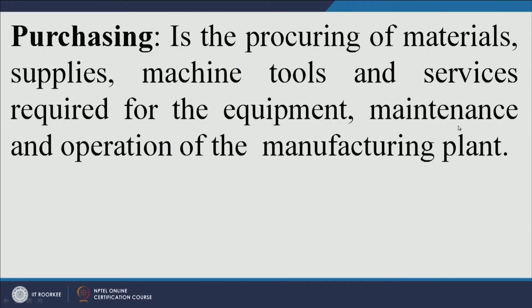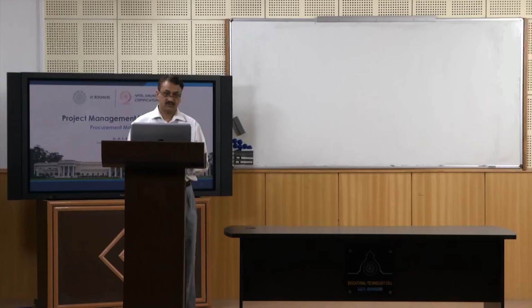Now, let us look at what purchasing is. It is a process of procuring materials, supplies, machine tools and services required for equipment, maintenance and operations of the manufacturing plant. So, you need to ensure that you have sufficient inventories to run the plant.